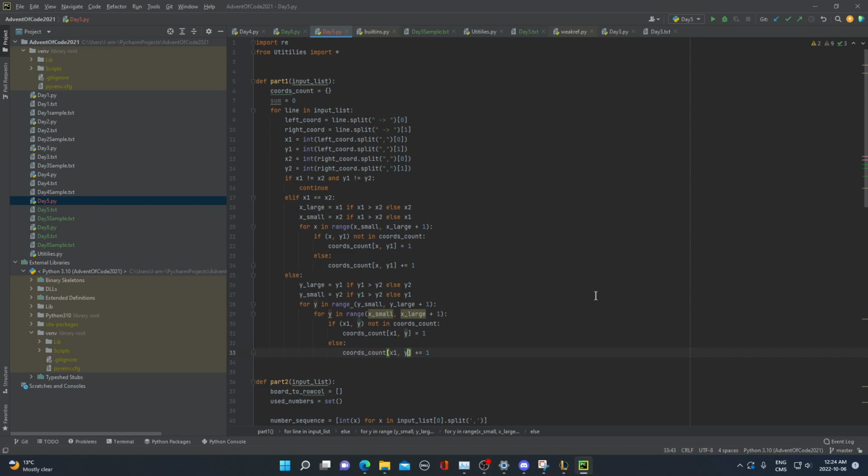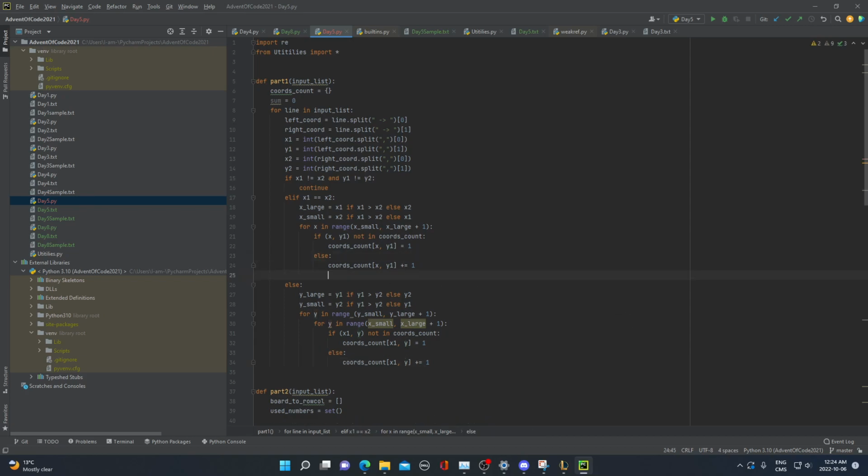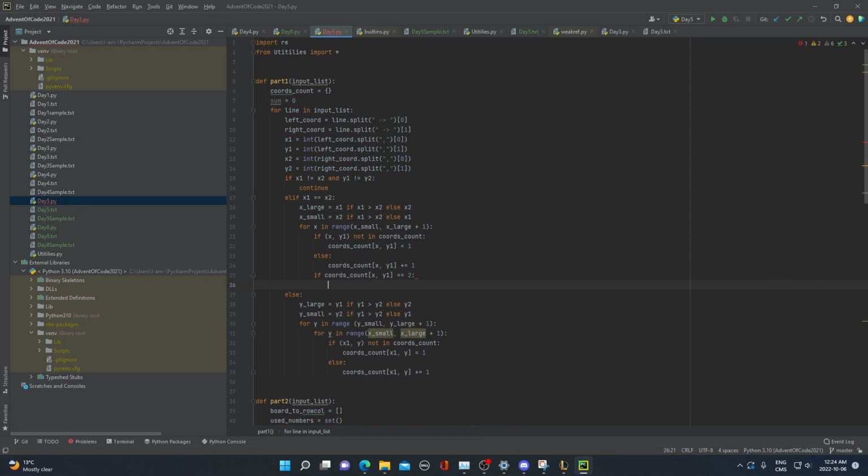And of course, if it ever equals 2, because if it's greater than 2, then we won't check it.